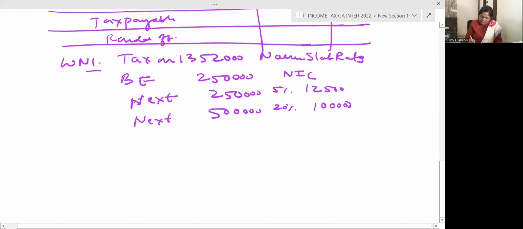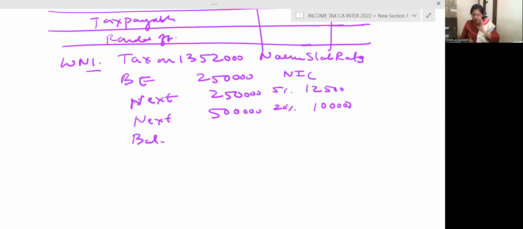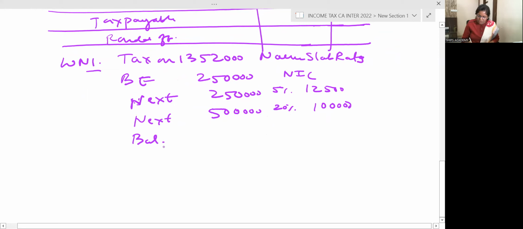Are you all with me? And balance above 10 lakh. 0 to 250 nil, 250 to next 5%, and 5 lakh above 20%. है ना? And now balance. Balance is क्या करें balance income के लिए? 3,52,000. It is 30%. 3,52,000 पे 30%, 105600.